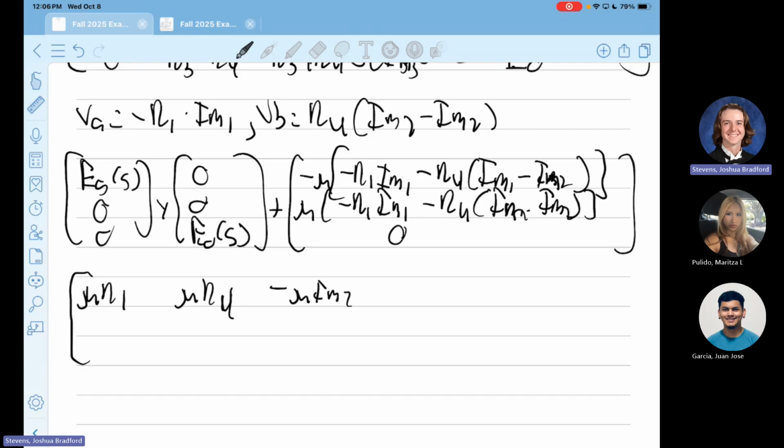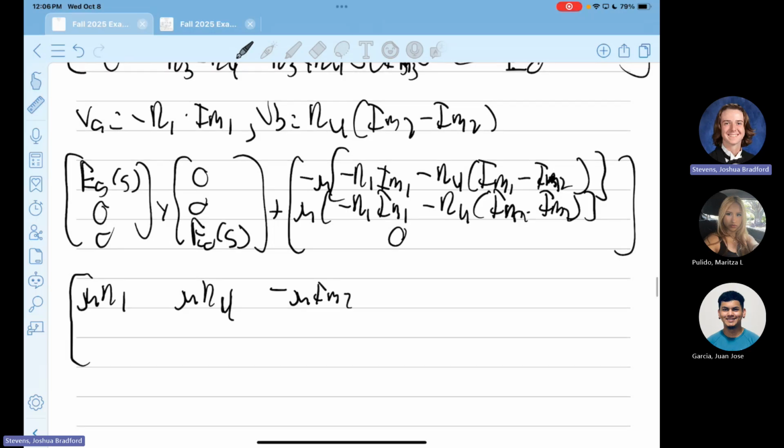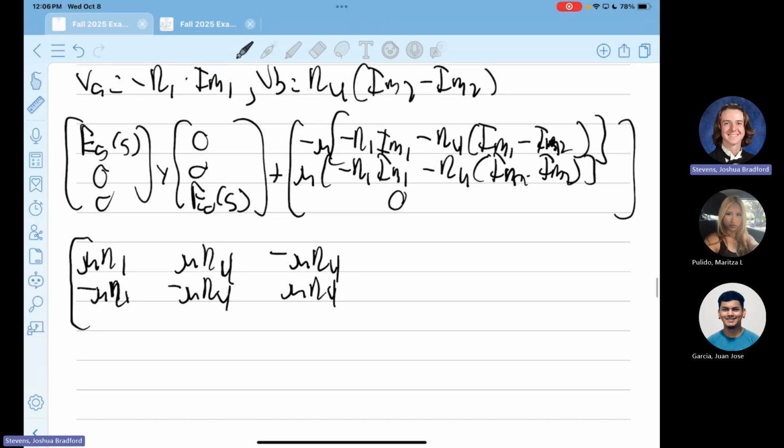Negative mu IM2. Does everybody see how I did that? Okay. The next row is literally the same, just flipped polarity. 1, negative mu R4, mu, that's not supposed to be IM2, that's supposed to be R4. Yep. Cool. And then the bottom row is just 0.